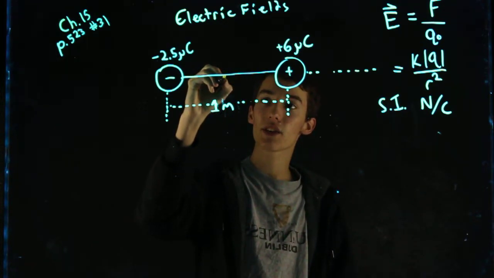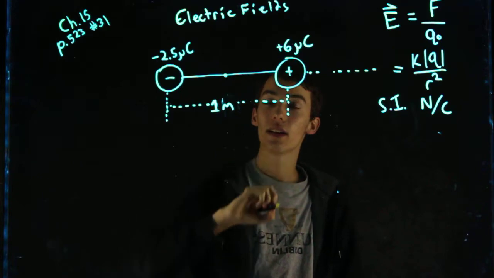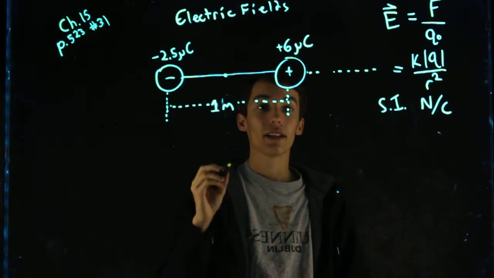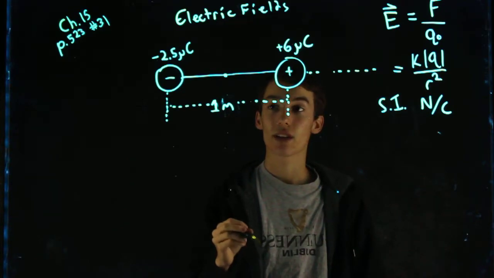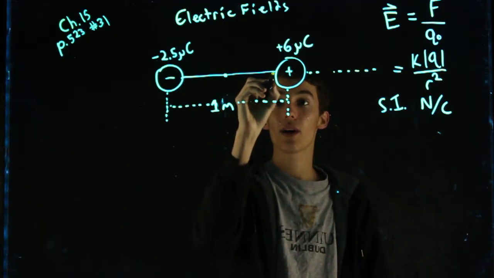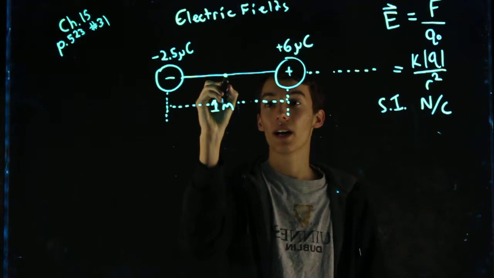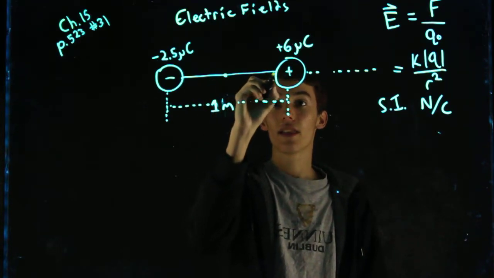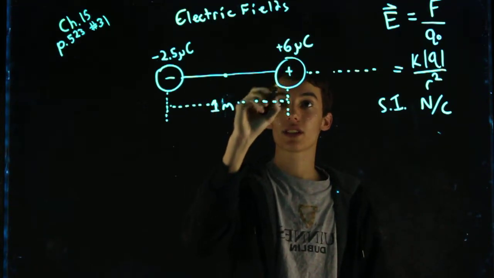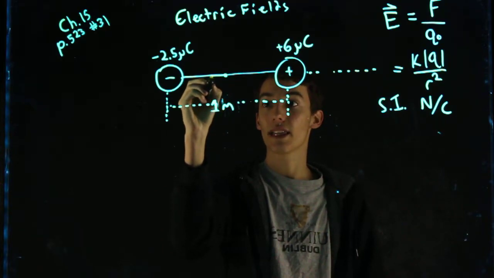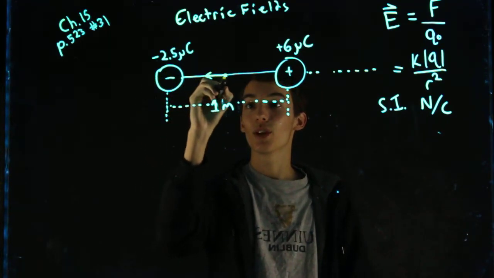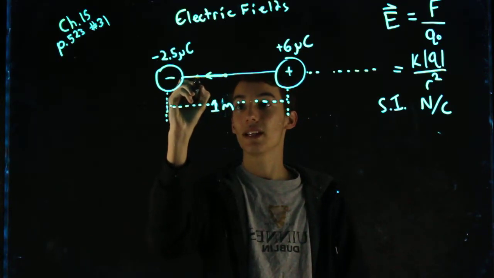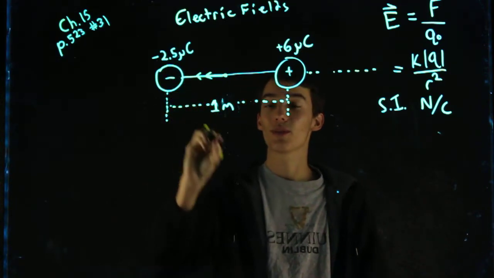And so if I place a test charge right in the middle here, I know that the electric fields are where a positive charge would go. So I know that a positively charged particle right here, the electric field from our positive 6 microcoulomb charge would bring it that way, to the left, and the charge from the negative 2.5 microcoulomb would also bring it that way.